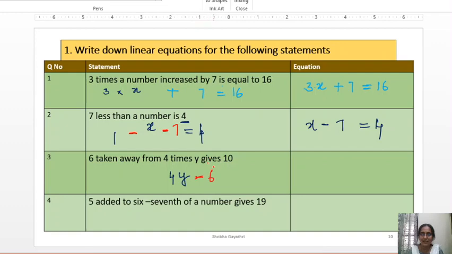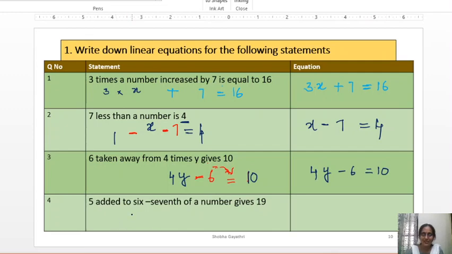Gives means equals, then 10. So 4y minus 6 equals 10 is your required equation.